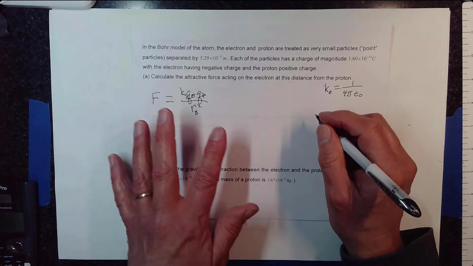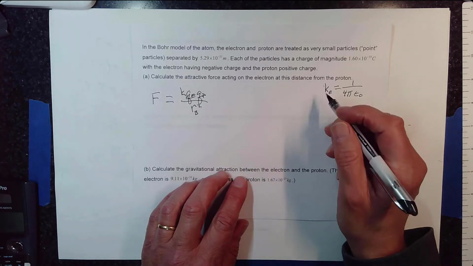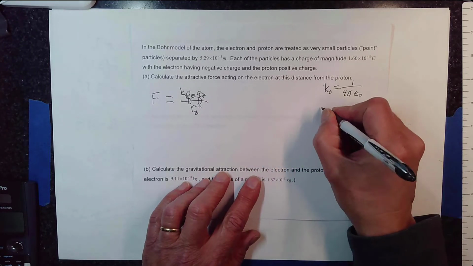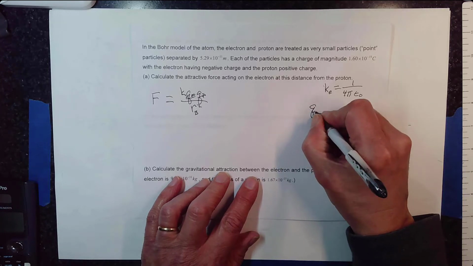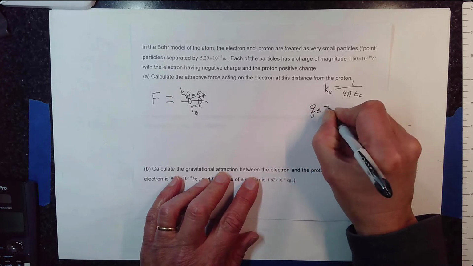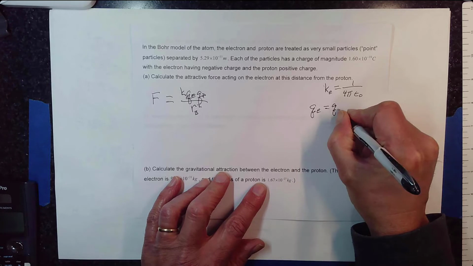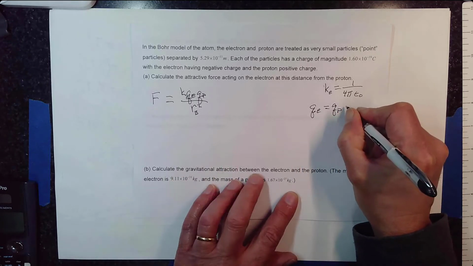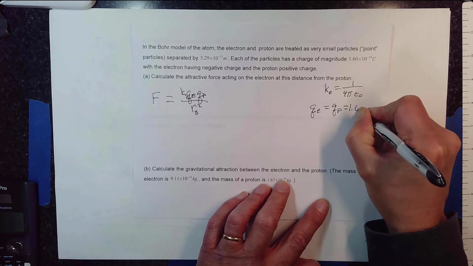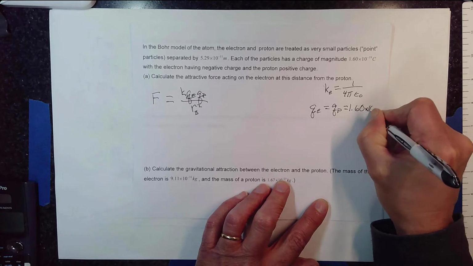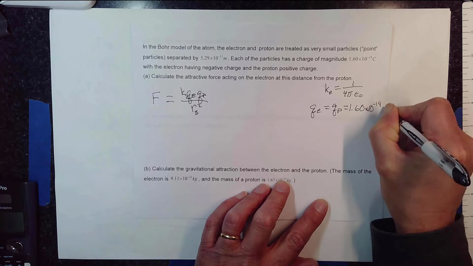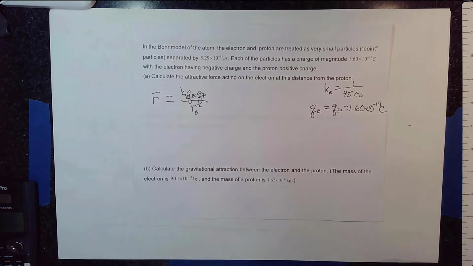Now, we're just calculating the magnitude of the attractive force, and the charge on the electron is equal to the charge on the proton in magnitude, and that's 1.60 times 10 to the minus 19th coulombs. And the coulomb is the fundamental unit of charge.